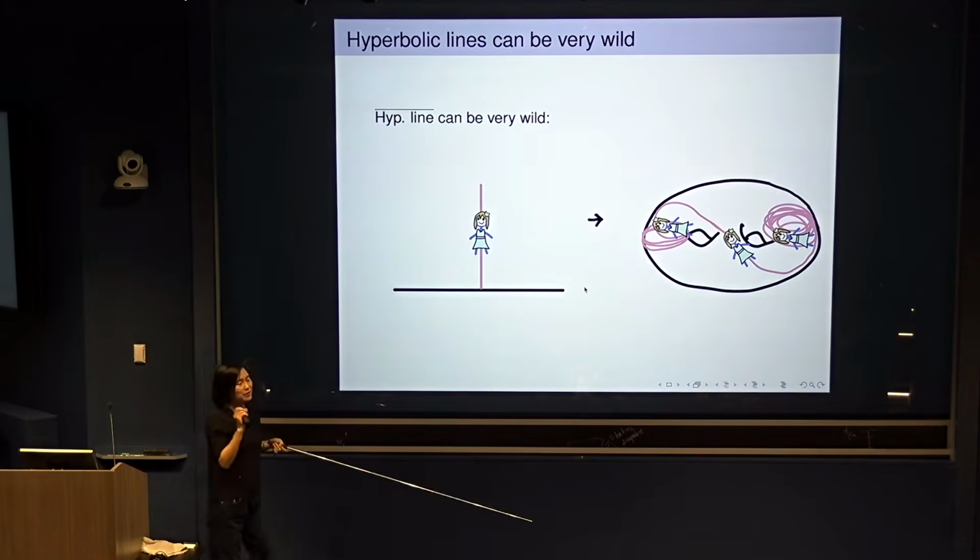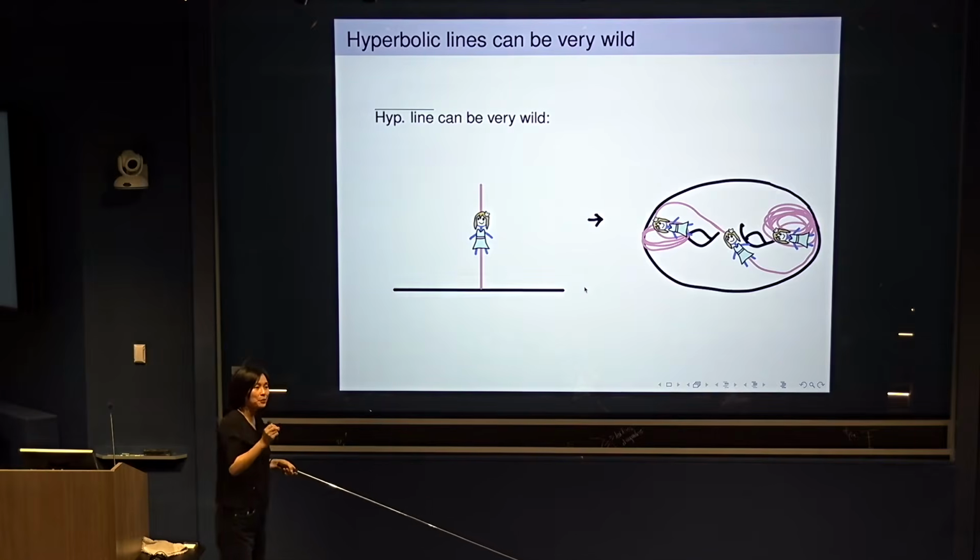So I want to emphasize here, it's very important that she travels along the Euclidean line. She has to be a Euclidean traveler, because if she travels along the hyperbolic line, then she is not guaranteed to see all the places.